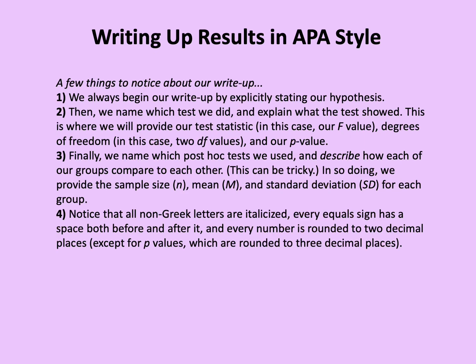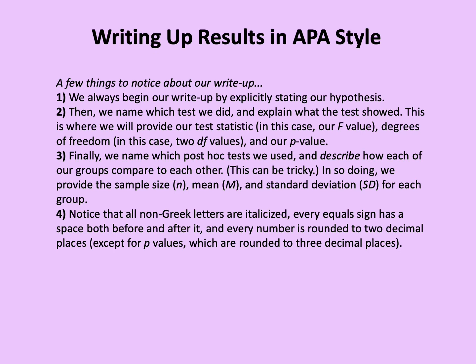All right, so a few things to notice about this APA style write-up is we always begin by explicitly stating our hypothesis. Then we talk about the particular statistical test we did and explain what it shows. So we provide our test statistic or F value, our degrees of freedom, which includes 2 values, within and between, as well as our p value.